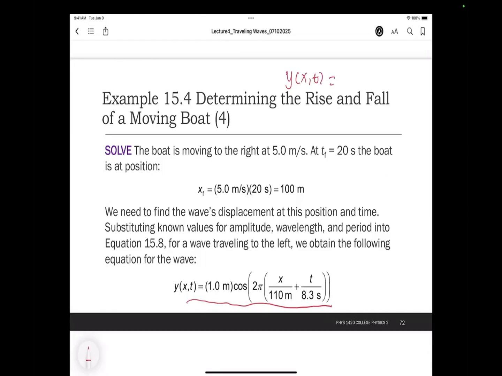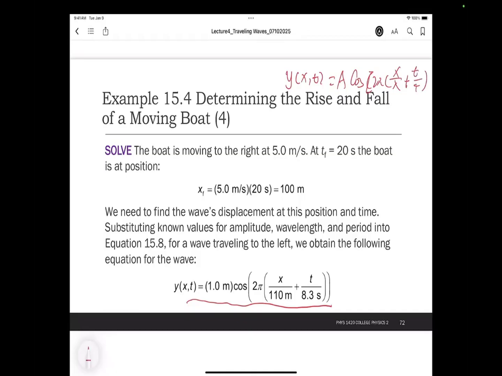y(x,t) equals A cosine of 2 pi times x divided by wavelength plus t divided by period, and it is plus because the wave moves to the left.